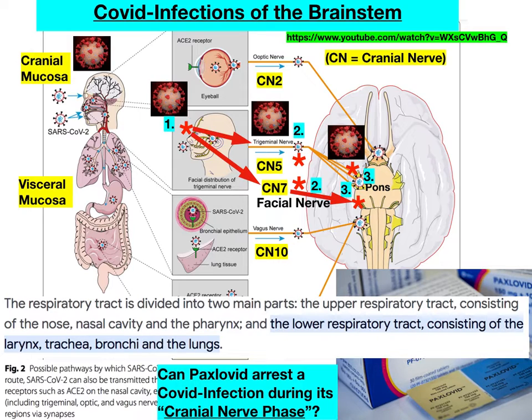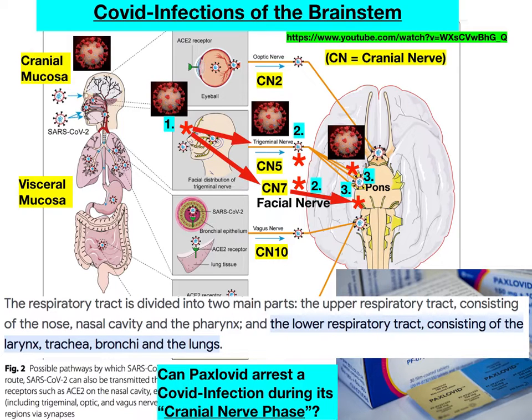These are complicated questions that must be addressed through kinetic and kinematic analysis. But it brings up an important point. The cranial nerves, viewed as a "compartment," serve at least as a temporary reservoir for CoV-2 virions.